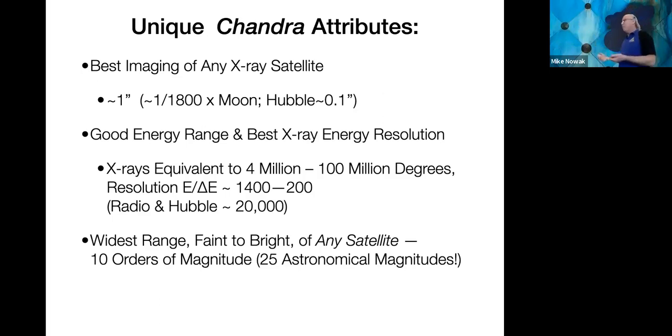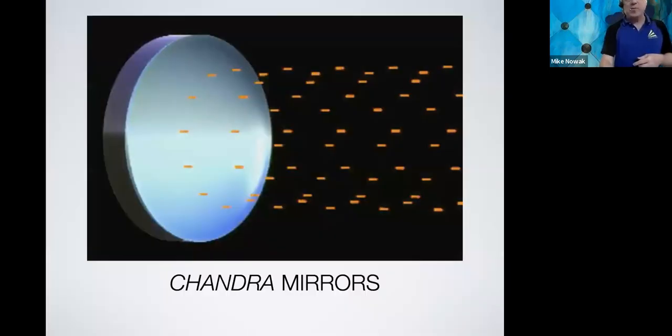So in terms of astronomical magnitudes, for those that know, it takes 5 astronomical magnitudes to make a factor of 100. So this is 25 magnitudes on the sky. If this were the Hubble telescope, it would be like going from things that you can see in the visible sky with your eyes to the faintest things that Hubble has ever seen. That's the kind of thing that this does in the X-ray.